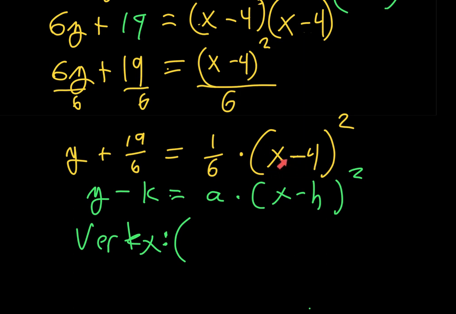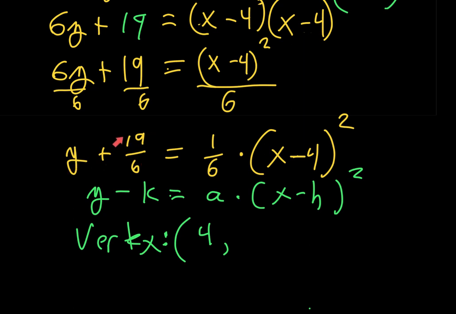Is this already minus, just like the standard form is minus? Yes. So this is my h. And h is the x coordinate of the vertex. The other way to think about it, which I said in class, is what makes this 0? 4. 4 minus 4 is 0. So the x coordinate of the vertex is 4.